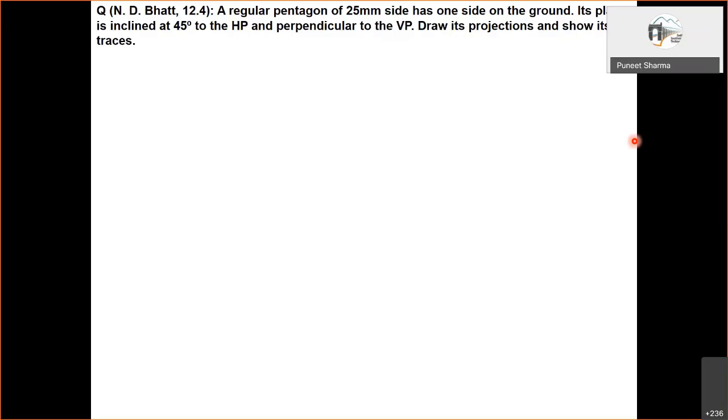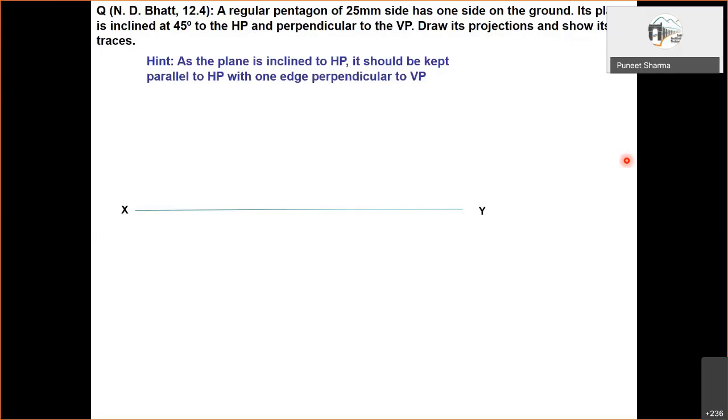And in the second position, we will try to obtain this inclination. So first of all, we have to place the pentagon in the horizontal plane, number one. Second is to keep one of its sides perpendicular to the vertical plane. So you see, like this.